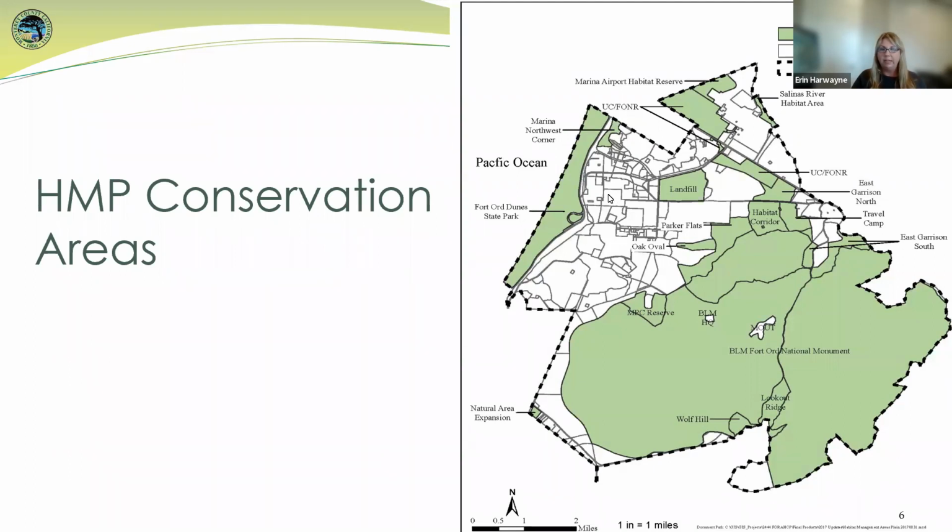The county's areas are in the center middle of the former Fort Ord, and the Bureau of Land Management has about 7,000 acres that are available to the public now as part of the Fort Ord National Monument. To the west, they call it the Army Impact Area, a large area that's not quite ready for transfer to BLM at this time. The Army has retained that area for some additional cleanup.